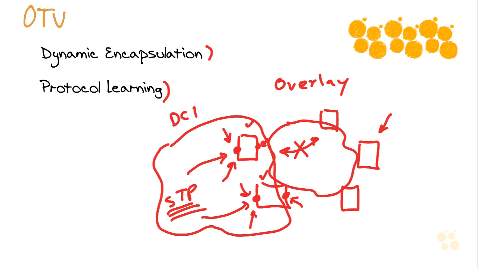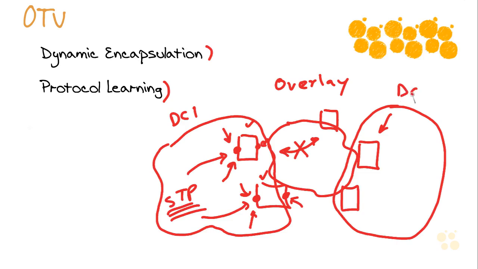This is a really nice feature, separating our spanning tree domains and limiting any particular problems that might occur in one particular data center from affecting another. Now, one thing we really love too is this multi-home and load balancing configuration that's really simple to pull off.